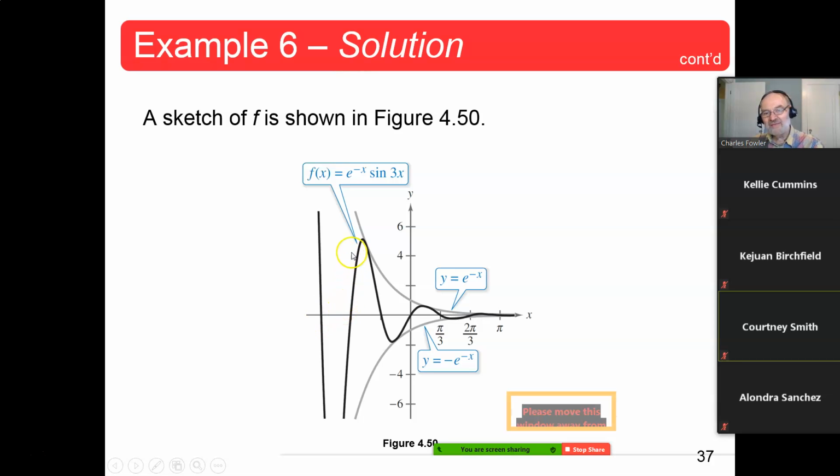And then your max is halfway in between there, min is halfway in between there, max halfway there, min halfway there, and then it gets so close it's hard to tell. That's what we got. And that looks a lot like ours too.